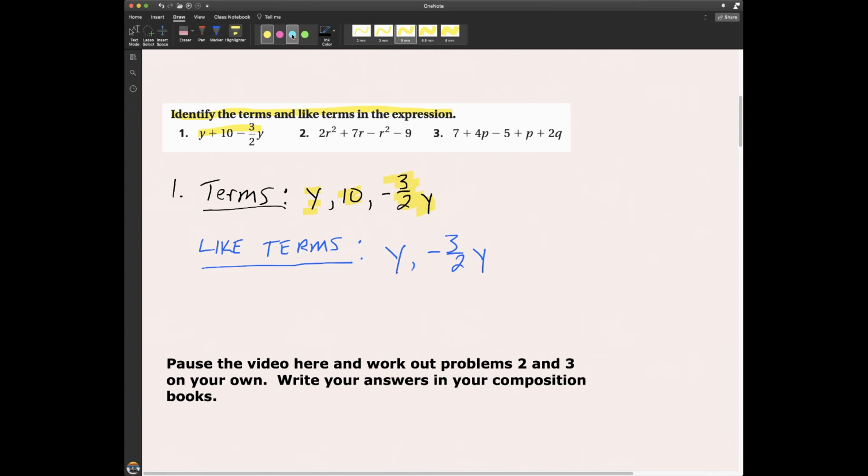Something that I want to point out to you is that for this term, negative 3/2, notice how when I read the expression to you, y plus 10 minus 3/2 y, here I said minus. So if I'm reading it to you, then this is a subtraction sign, and that's how you read it. But if I am identifying like terms or terms in an expression, then now I say negative 3/2 y.